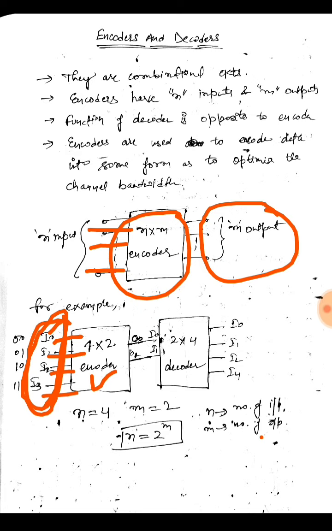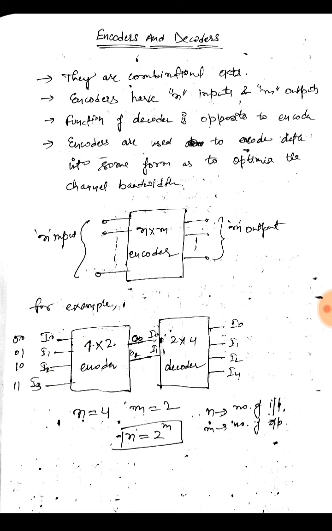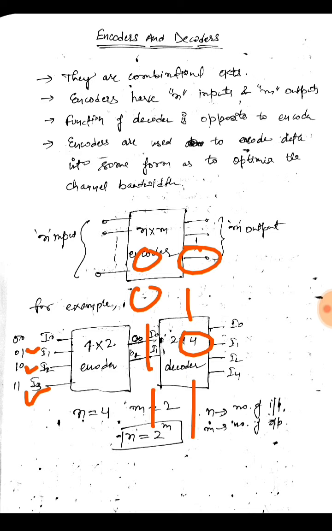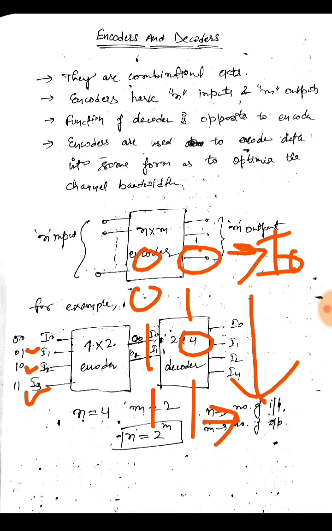If somehow I can reduce the number of bits, that is, at one time, if I0 is represented as 00 and I1 is represented as 01, I2 as 10 and I3 as 11, so at one time I would be transmitting only 2 bits, that is 00 or 01 or 10 or 11 for a particular input, that is, this will be transmitted for I0 and similarly this will be transmitted for I3.